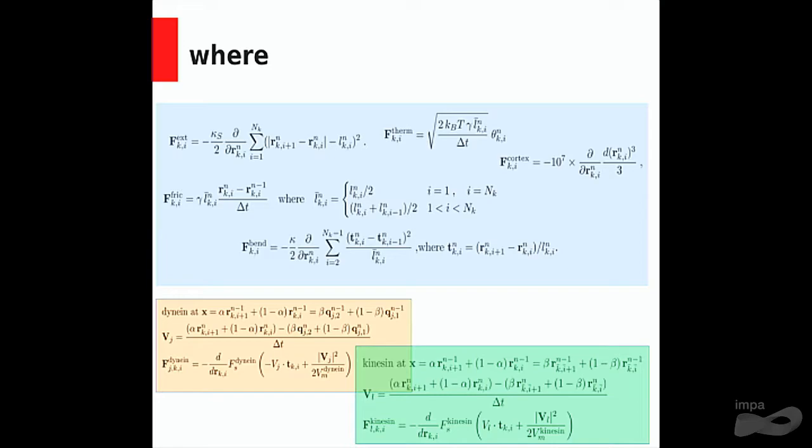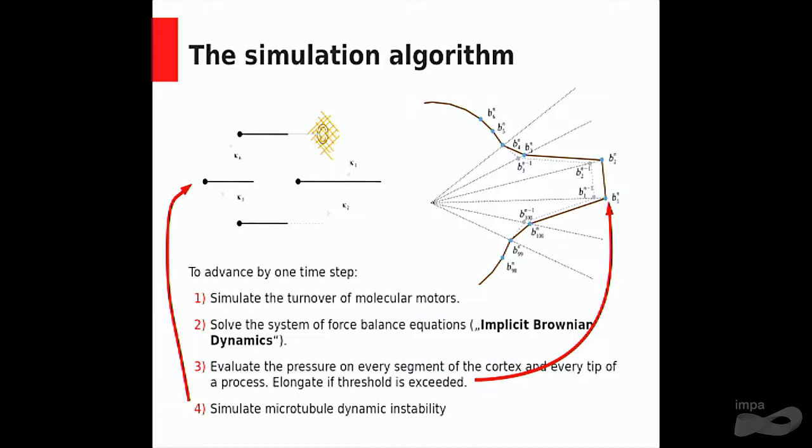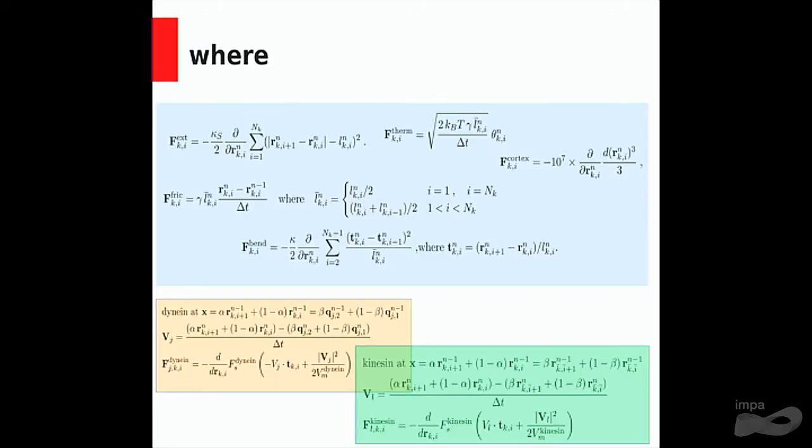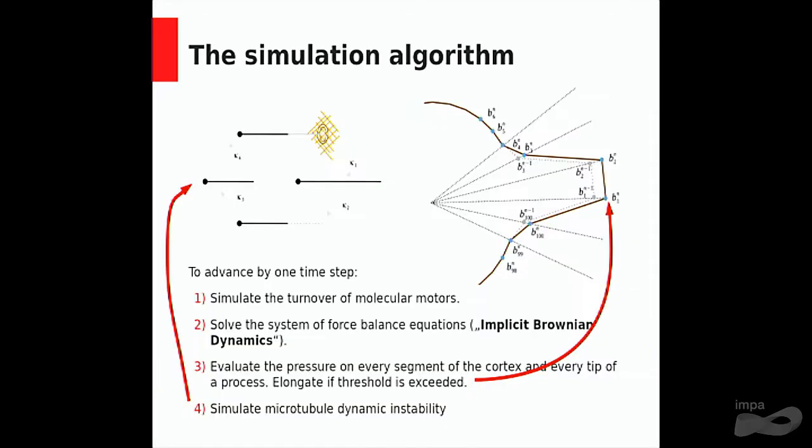And what is interesting actually is how dynein motors and kinesin motors are modeled. I said that the standard model is this affine force-velocity relation, so basically a constant plus something linear. If you translate it into energies, it becomes something linear plus something squared. The v here is a discrete velocity. And with that model, that is the Brownian dynamics part of the model. The model is somehow bigger.